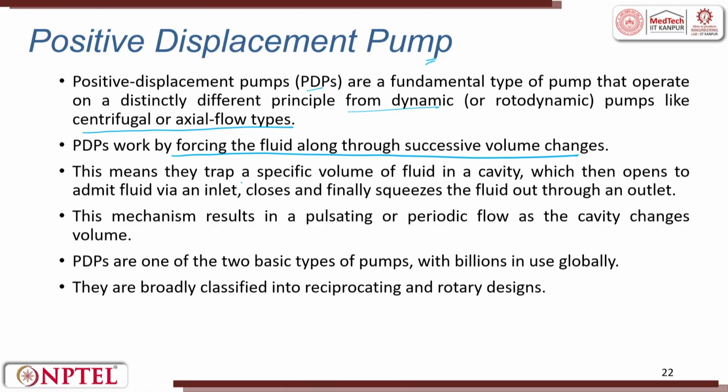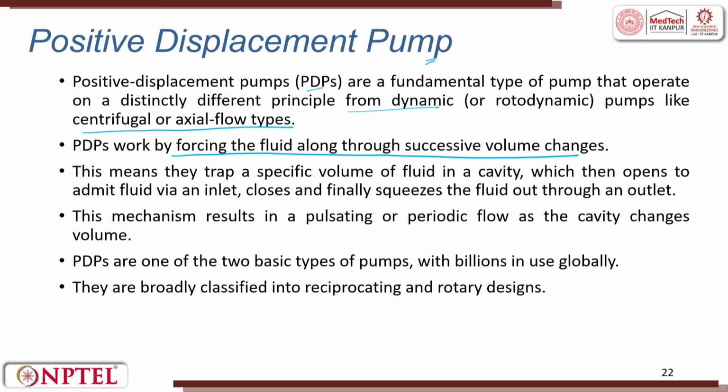That means you have a container, a bottle, and a hole is there. When you move the piston down, the air is pushed inside, and the container has a fixed volume. This means that they trap a specific volume of fluid in the cavity, which then opens to admit fluid via an inlet, closes and finally squeezes the fluid out through the outlet.